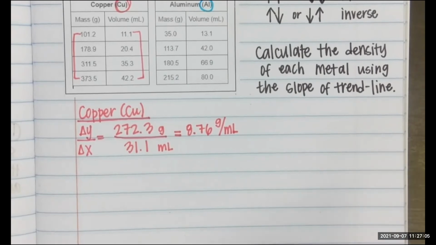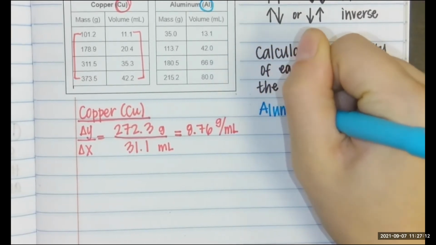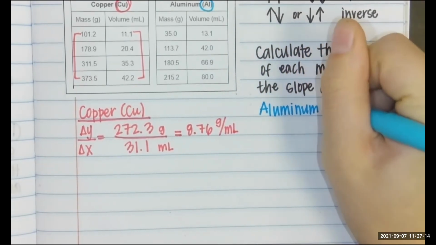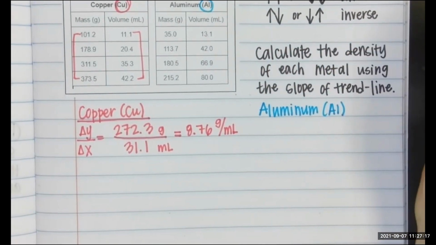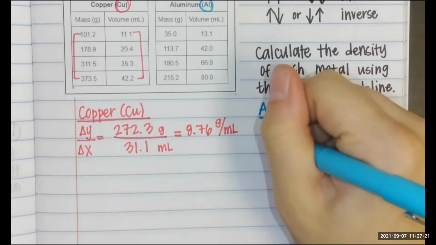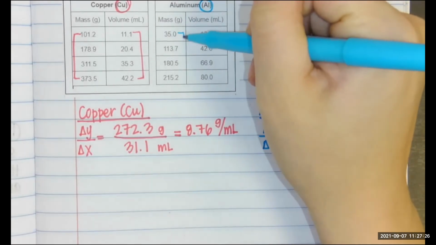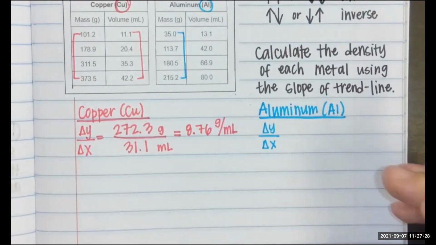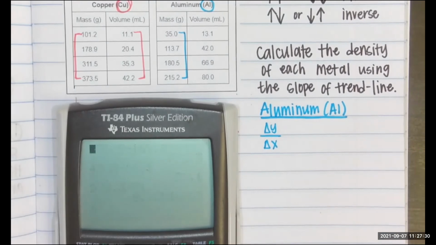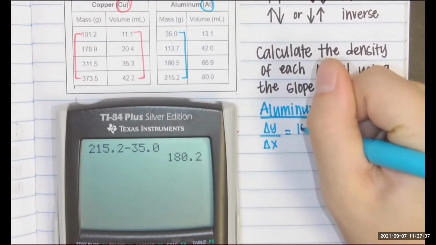Okay, next to that, if I wanted to do the aluminum, change in y over change in x. Change in y, it's 180.